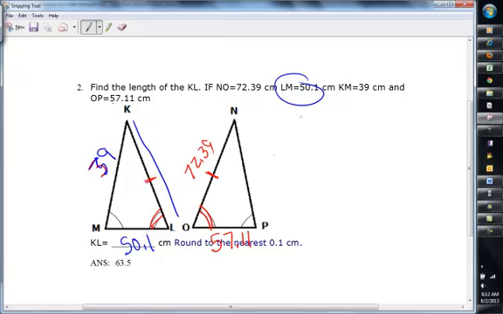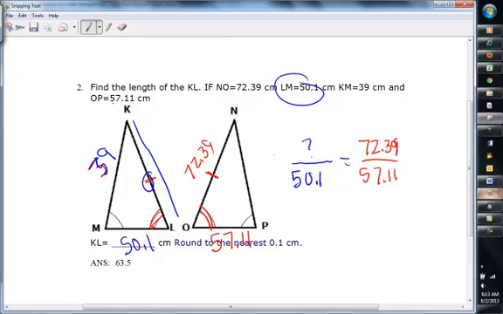So let's do the triangle on the left, and we know the bottom, 50.1, and we're looking for the side with one mark through it. In the other triangle, the bottom is 57.11, and the top is 72.39.